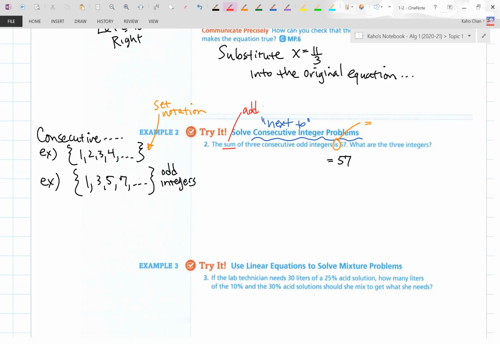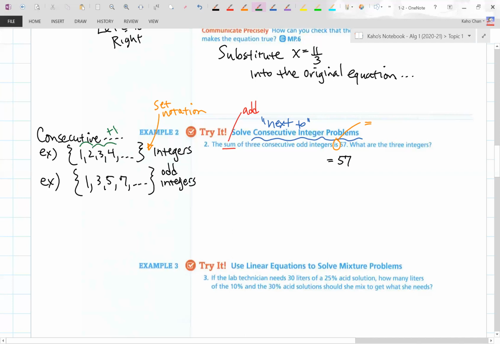Now, if you look at my first list there, 1, 2, 3, 4, those are consecutive integers. They are increasing by 1 unit.